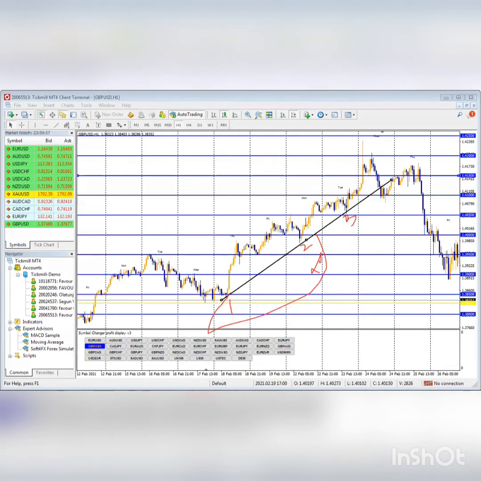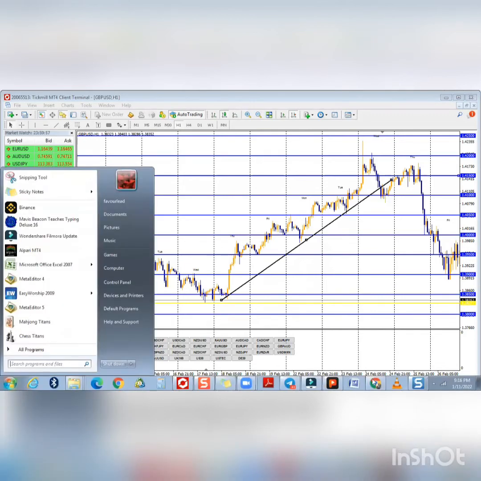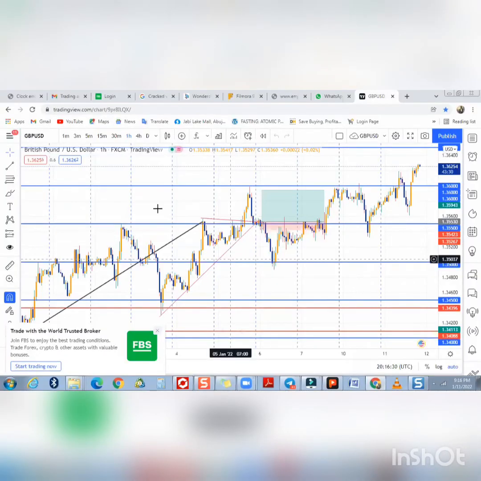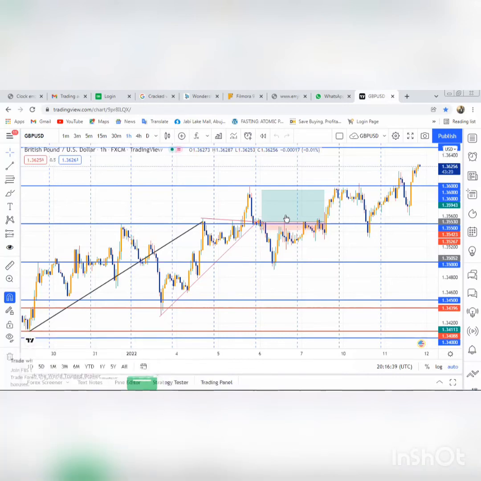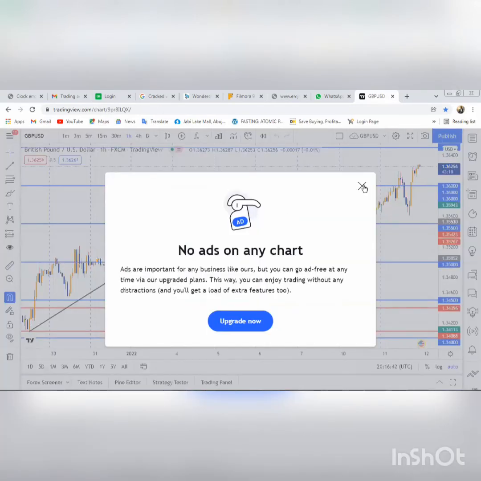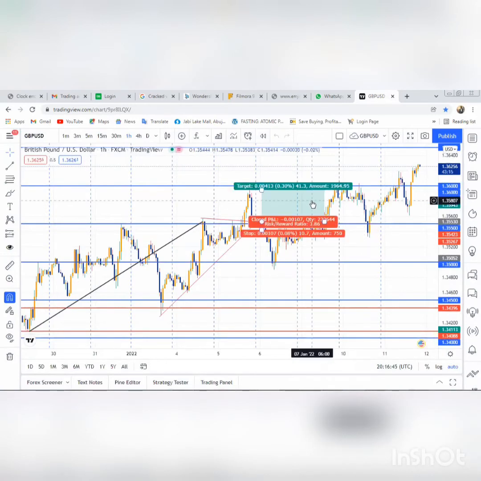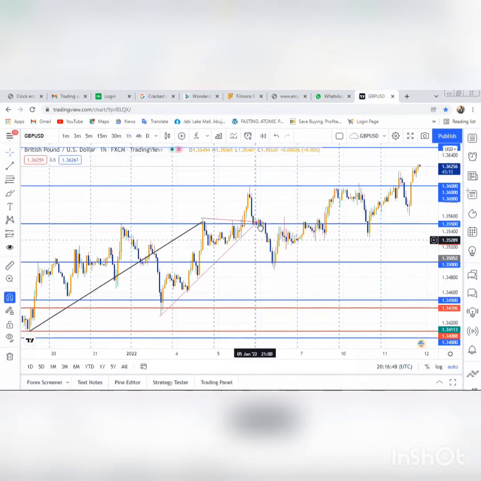So guys, let's look for more examples. Let me check my TradingView. I want to work with TradingView. Now it's really hanging. Let me see this.